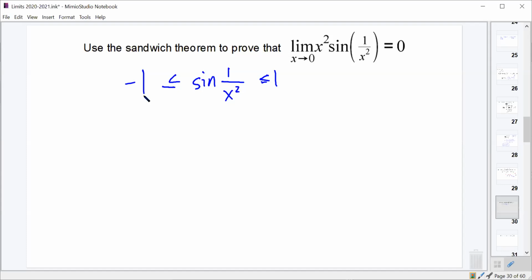But what we can do is say that the sine of 1 over x squared is always between 1 and negative 1. And then we can add this x squared in by multiplying all 3 pieces by x squared, which gives us negative x squared is less than or equal to x squared sine of 1 over x squared is less than or equal to x squared.